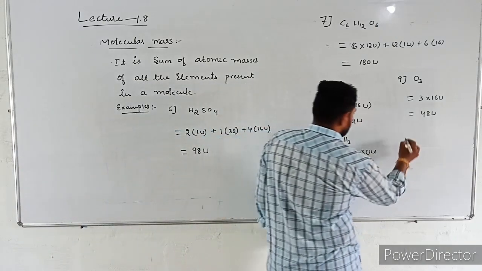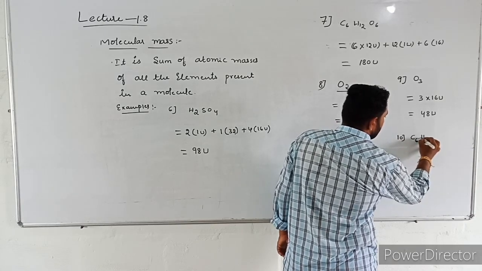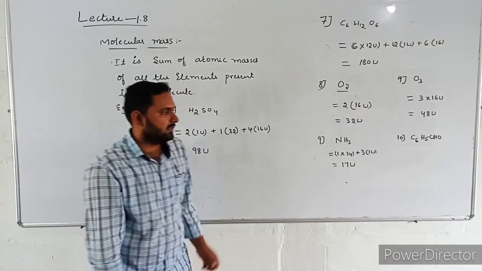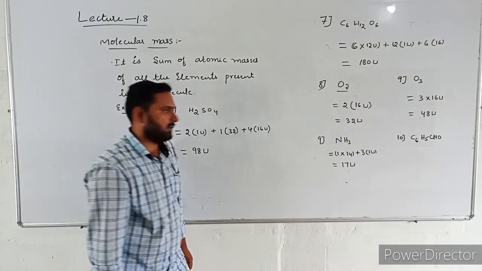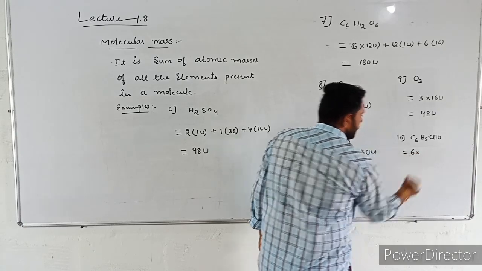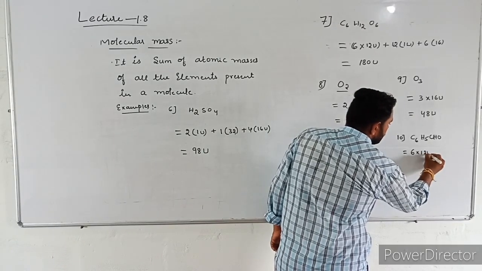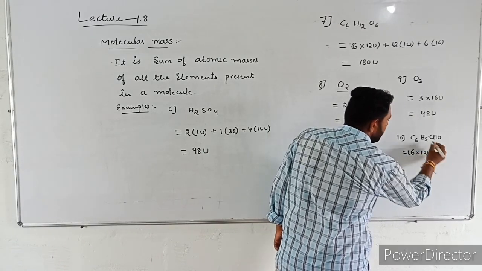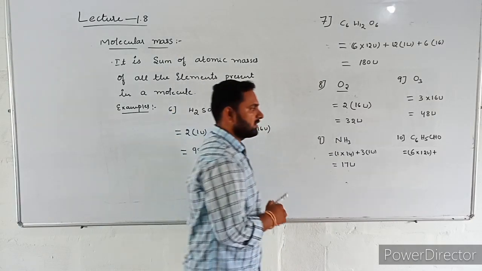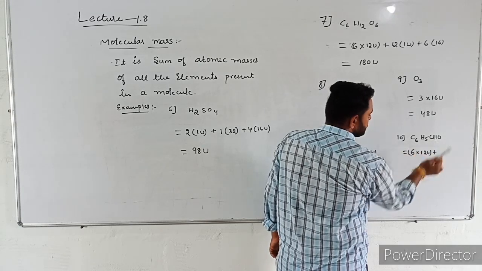Next, what is the molecular mass of benzaldehyde? C6H5CHO. This is benzaldehyde. Then calculate molecular mass of benzaldehyde. Now, how many carbon atoms are there? 6. Then what is the atomic mass of carbon? 12 U. Plus, how many hydrogens are there? 5? No, there are total 6, because here is 1 hydrogen, total 6.